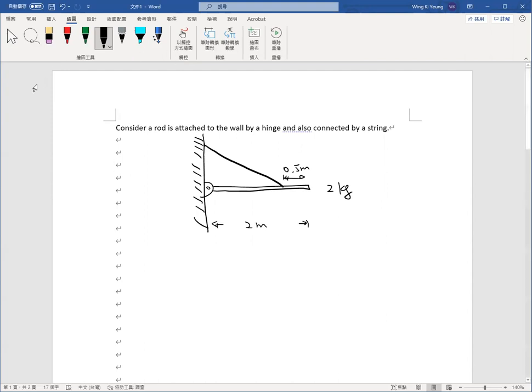So what I want you to do is, first of all, draw the free-body diagram. May you draw it on a piece of paper and then send me a photo on WhatsApp. And then the next step is to find the tension. And then the next step is to find the force acting on the rod by the hinge.